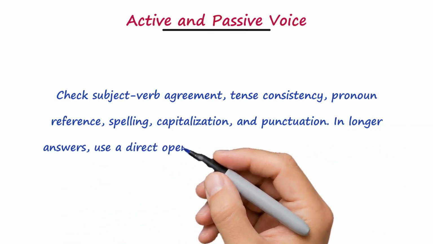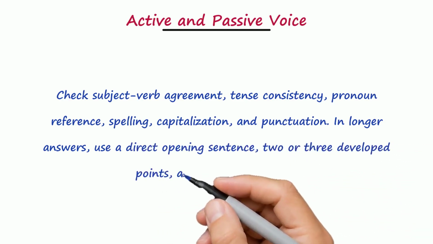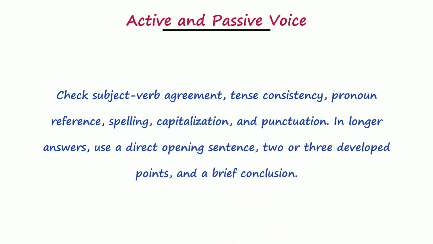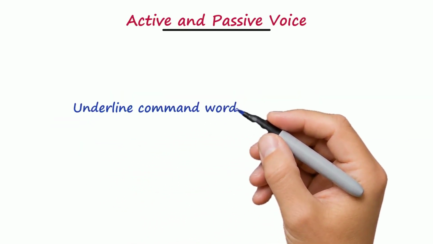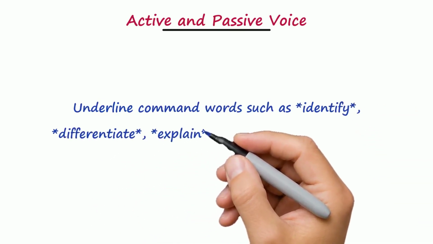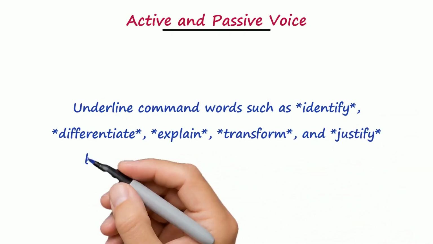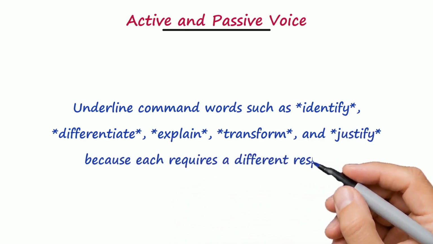In longer answers, use a direct opening sentence, 2 or 3 developed points, and a brief conclusion. Underline command words such as identify, differentiate, explain, transform, and justify because each requires a different response.